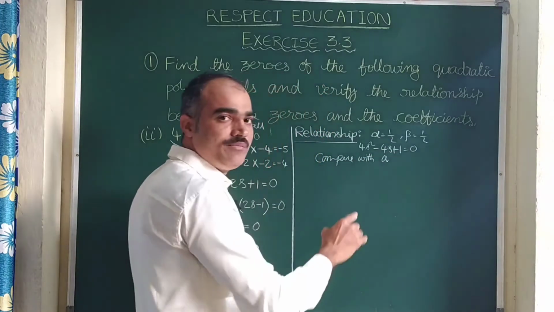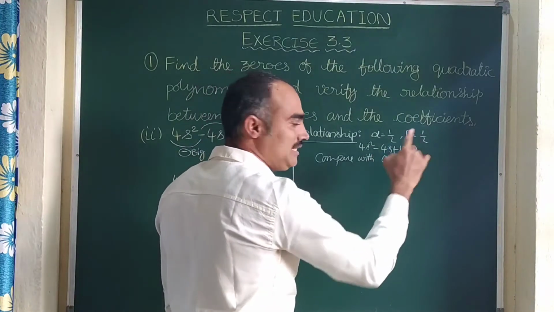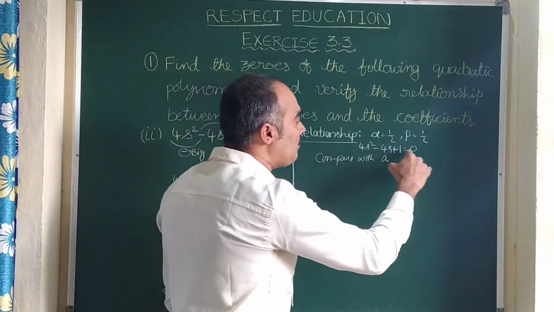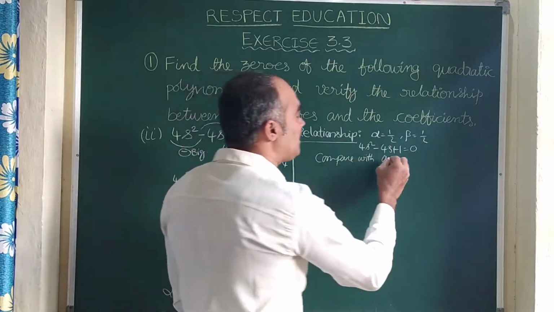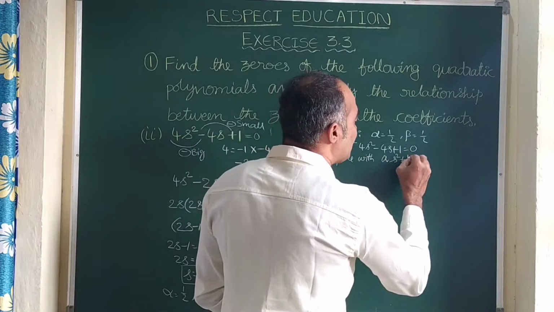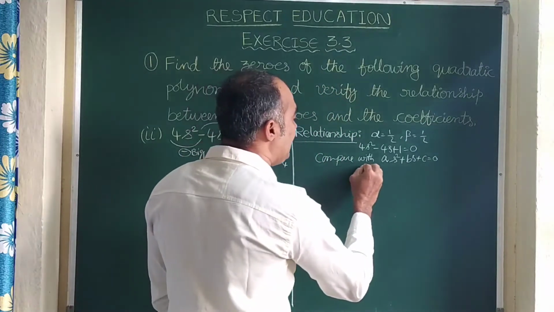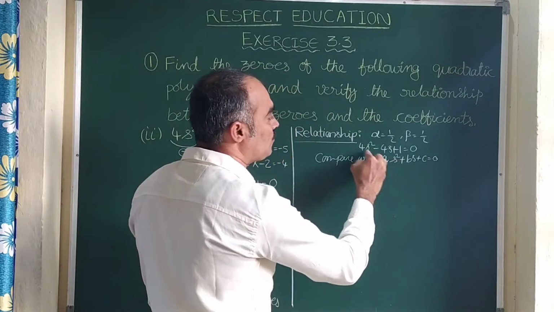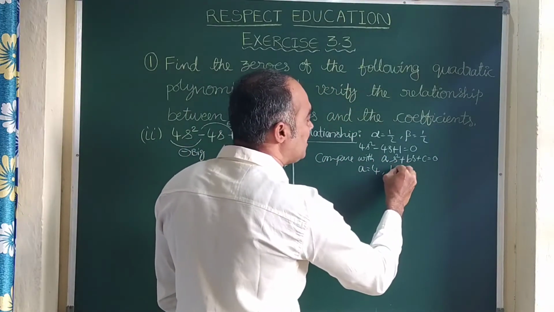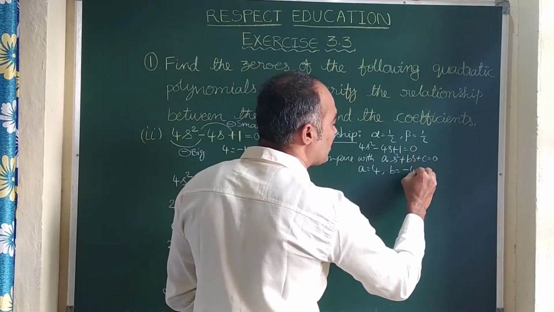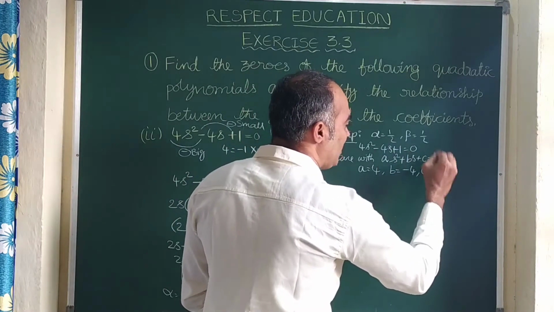Compare with ax square plus bx plus c, but here the given polynomial is in terms of s. So I am taking as square plus bs plus c equal to 0. Then a is equal to, see s square coefficient is 4, b is equal to, s coefficient is minus 4, c equal to constant is 1.